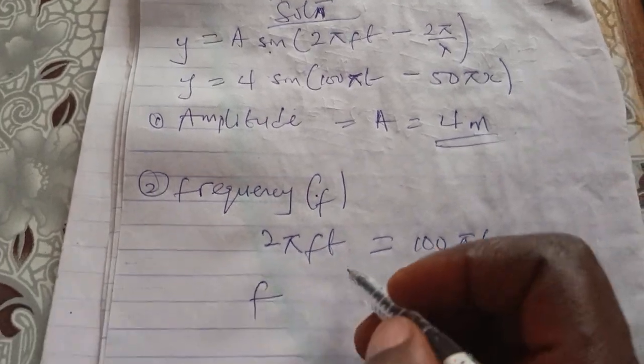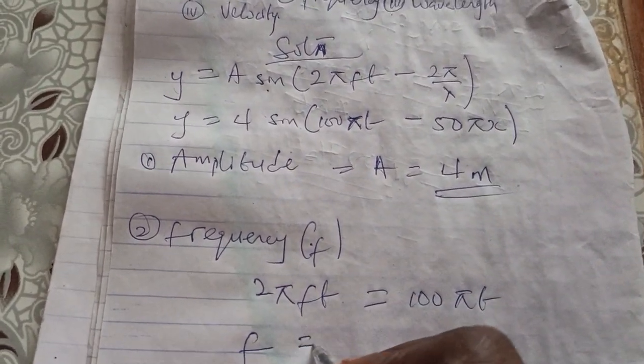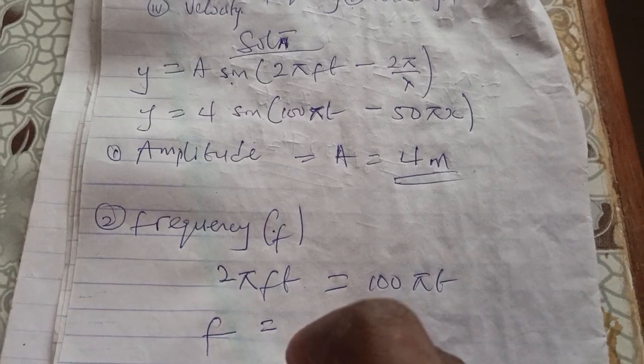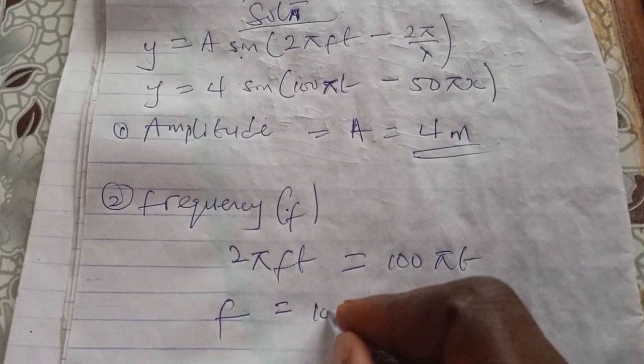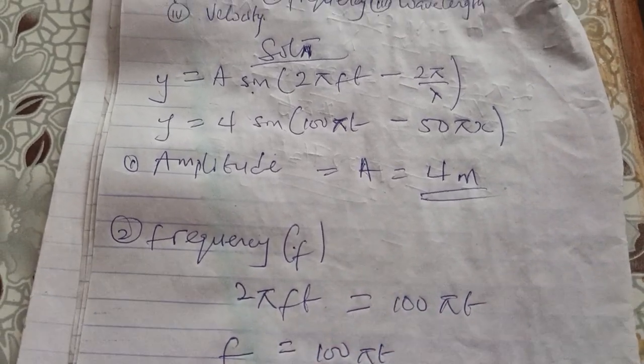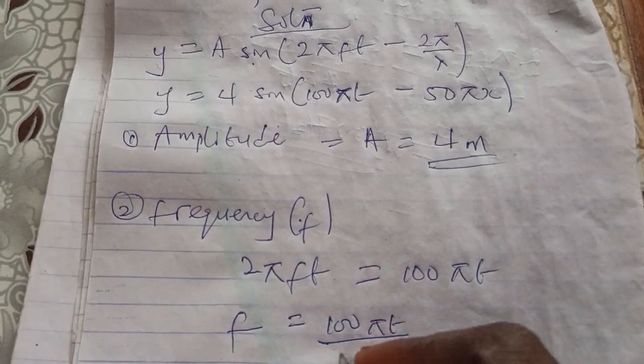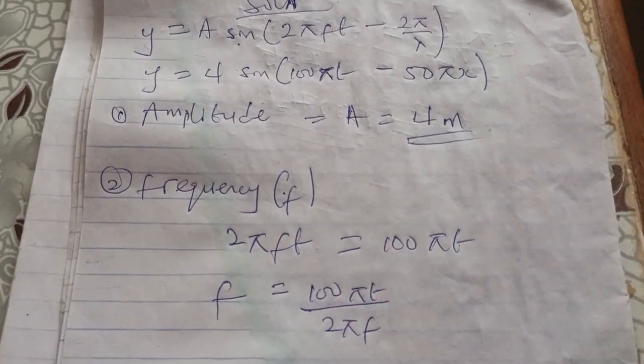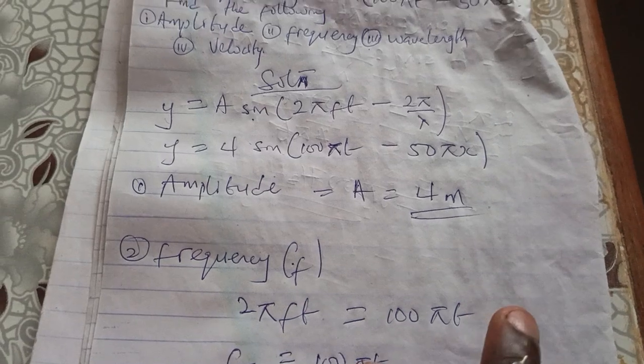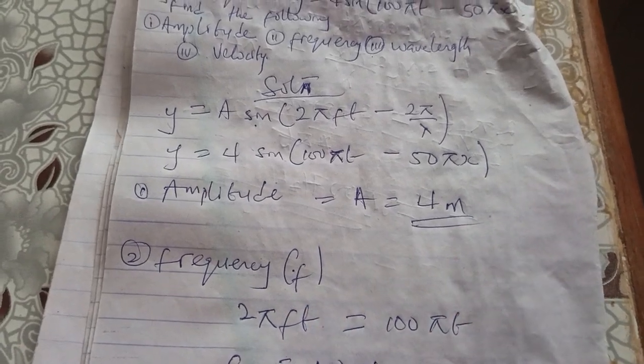So making f the subject of the formula, I will now have 100πt divided by 2πt. Please don't ask me how I came about this.